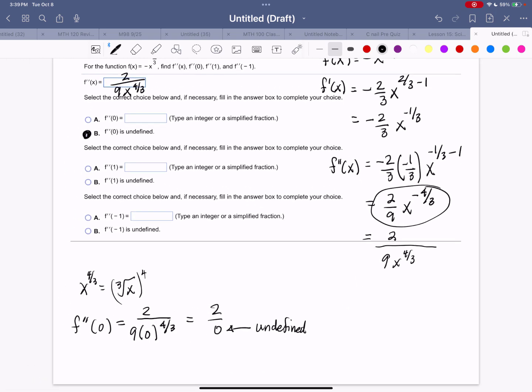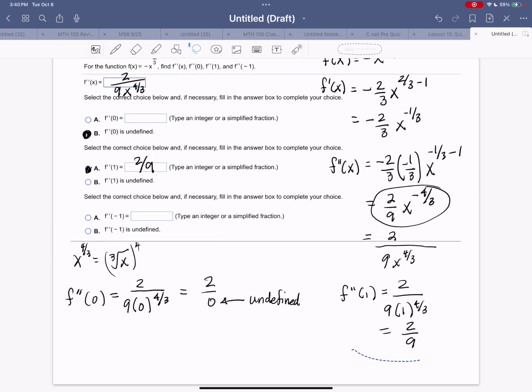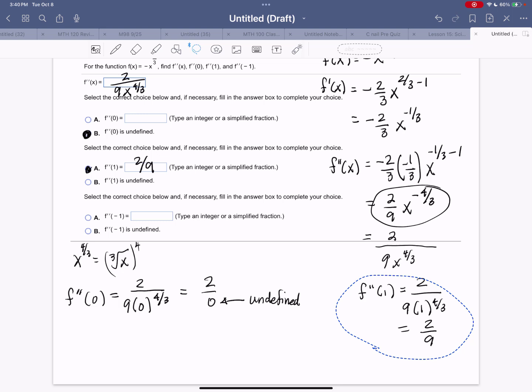Now at 1, it's going to be 2/9 times 1 to the 4/3. 1 to any power is 1, so that's 2/9. And now let's do f double prime, or the second derivative of f at -1.